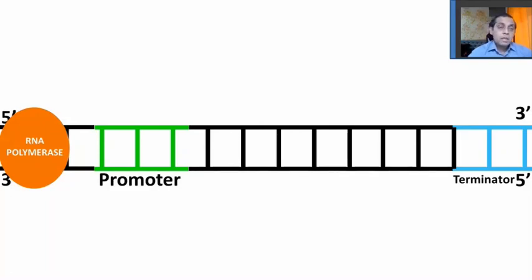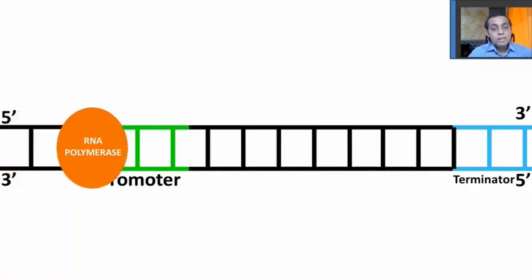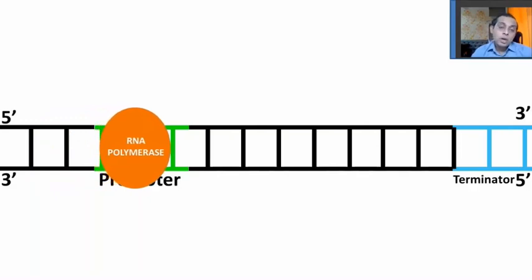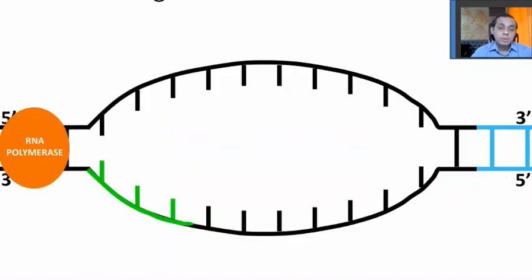RNA polymerase is supposed to start transcription only between these two regions. So between promoter and terminator, the DNA sequence has to be transcribed. So it recognizes the specific promoter, and once it recognizes, it is going to start the transcription. So promoter is necessary to start the transcription.